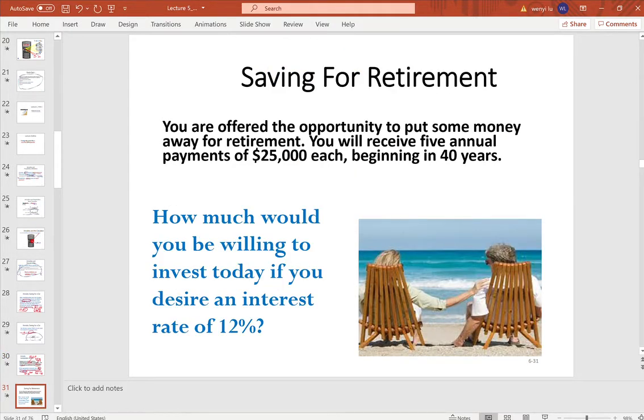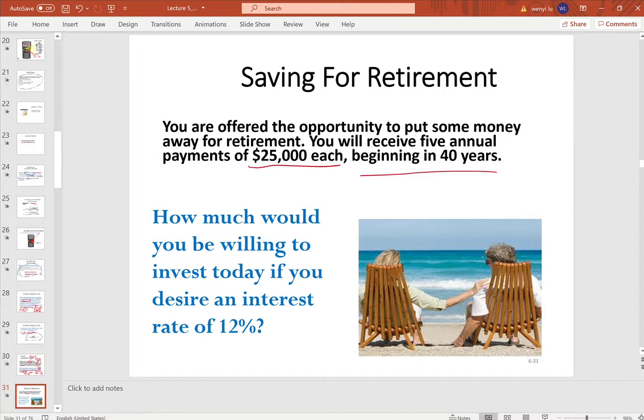Next one. Saving for retirement. You are offered an opportunity to put some money away for your retirement. You will receive 5 annual payments, $25,000 each. Be careful, this is not received right now, but beginning in 40 years.